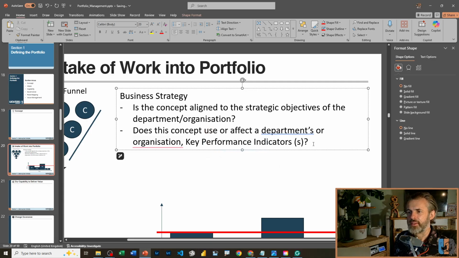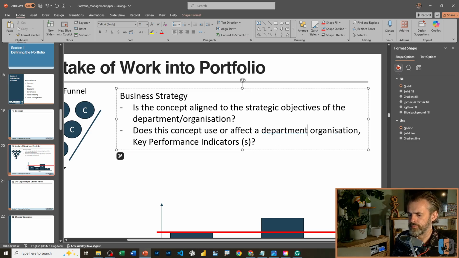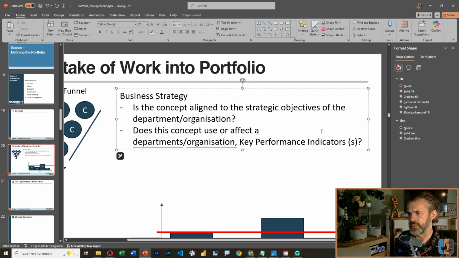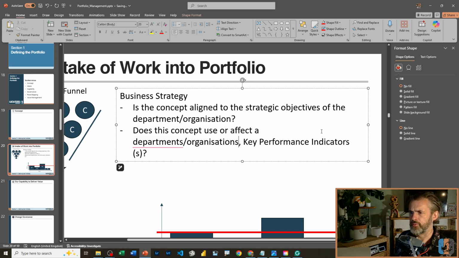Right then. Does this concept use or affect a department slash organization's key performance indicators?